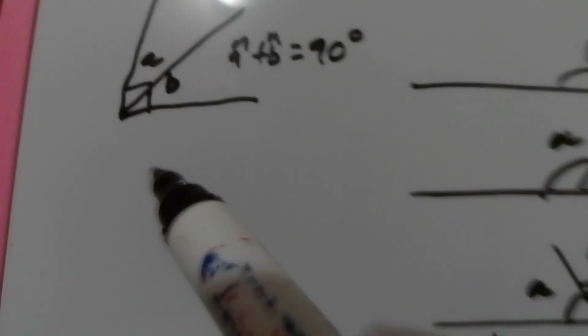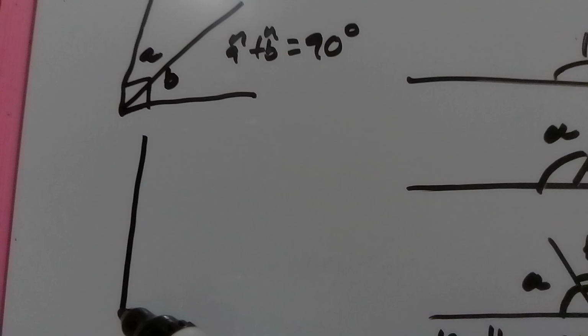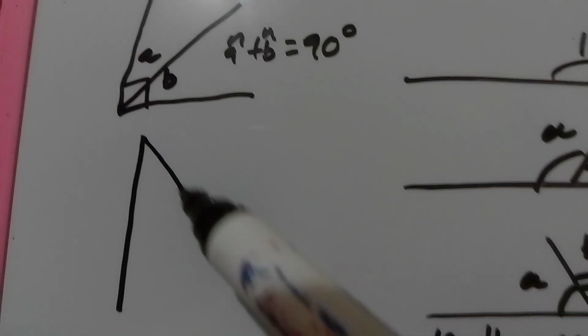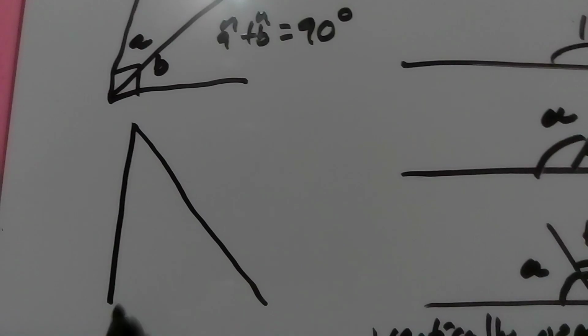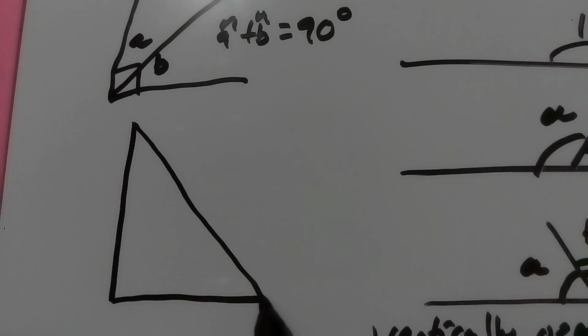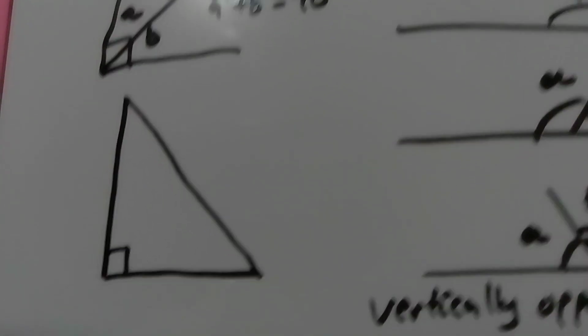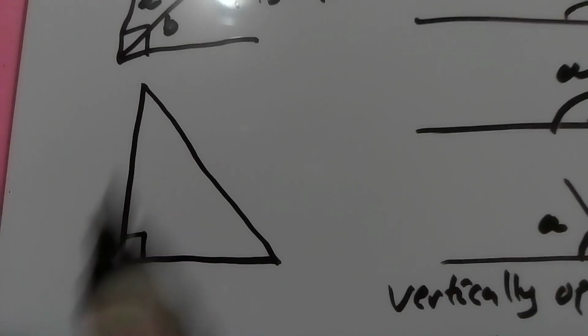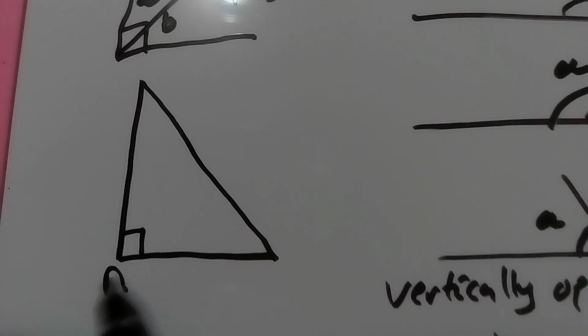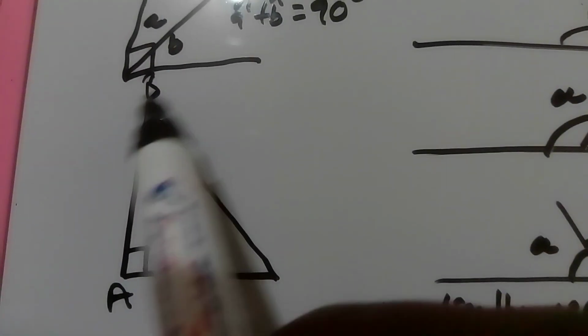The second variant, you could be having what? You could be given a triangle here. But what type of triangle? A right-angled triangle. Then it's named triangle ABC.